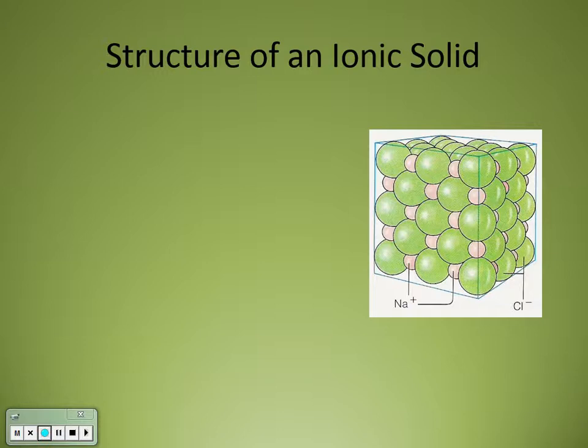All right, so first, ionic solid. What are ionic solids made out of? Ionic bonds, or things held together by ionic bonds. And that means that we got to have what kind of elements? Metals and nonmetals, because ionic bonds form between metals and nonmetals. Okay?